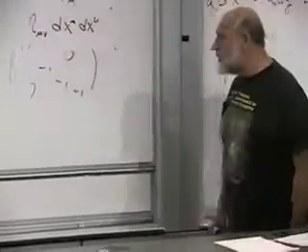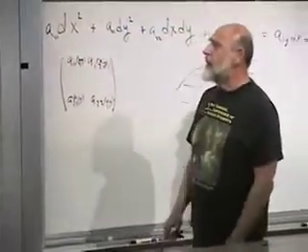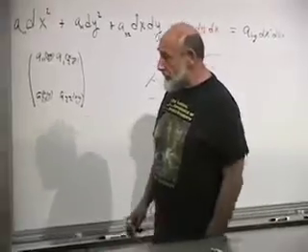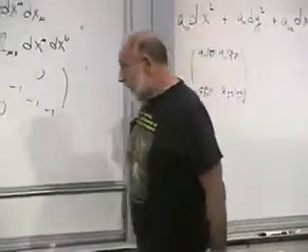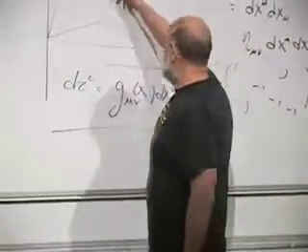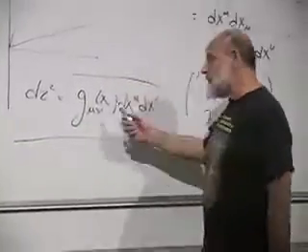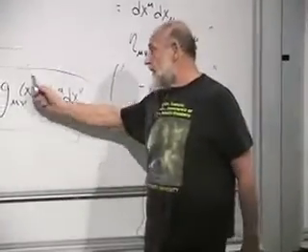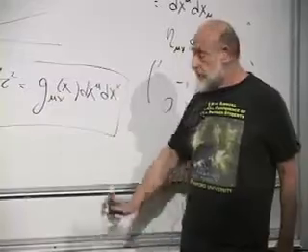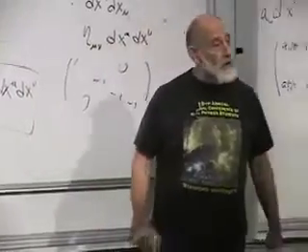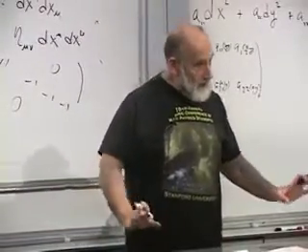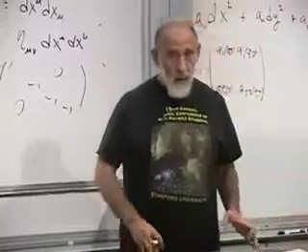And that was the new ingredient that Einstein introduced into the general theory of relativity. The idea that the proper time between points, first of all, can be represented by a metric tensor which varies in space. Now that in itself is nothing new. Why?